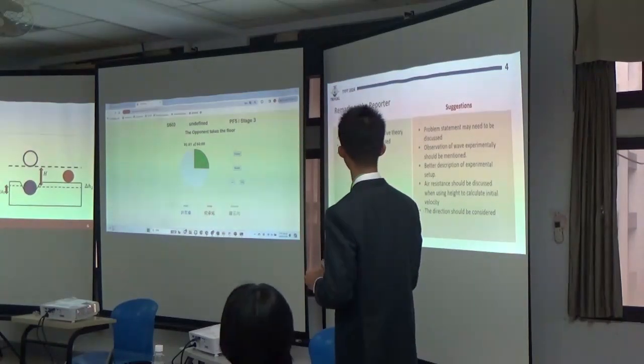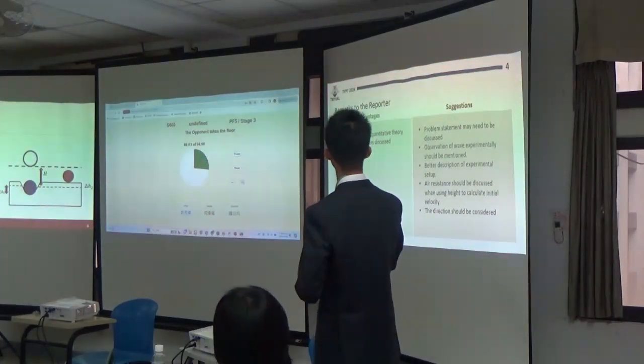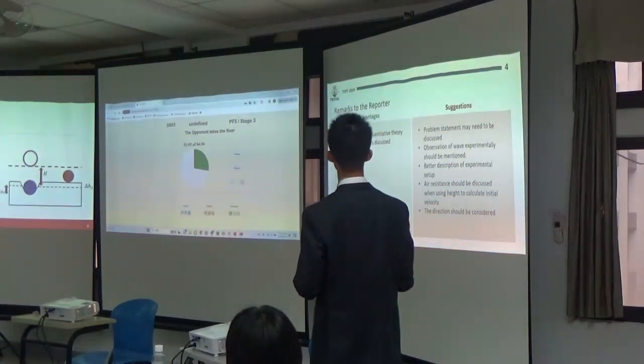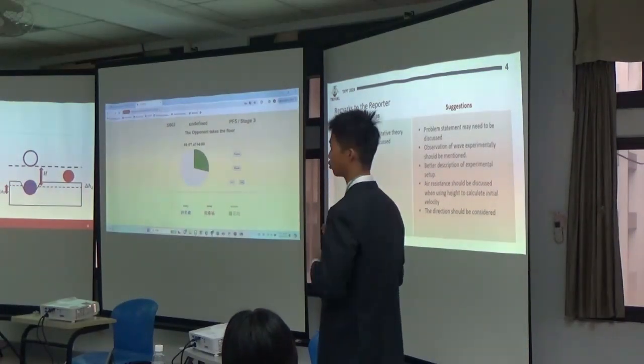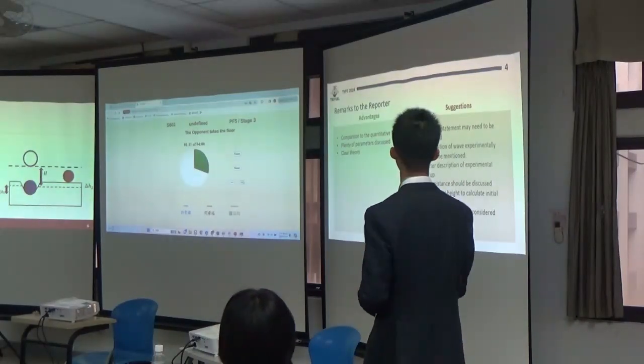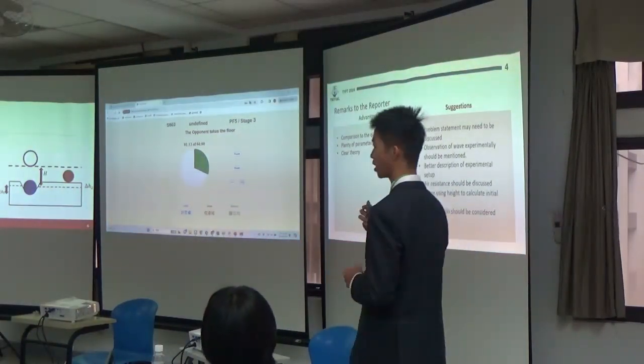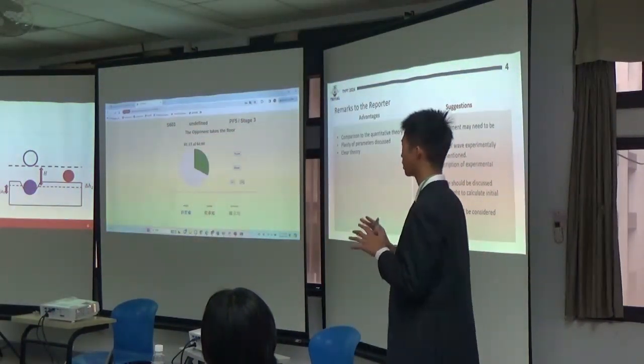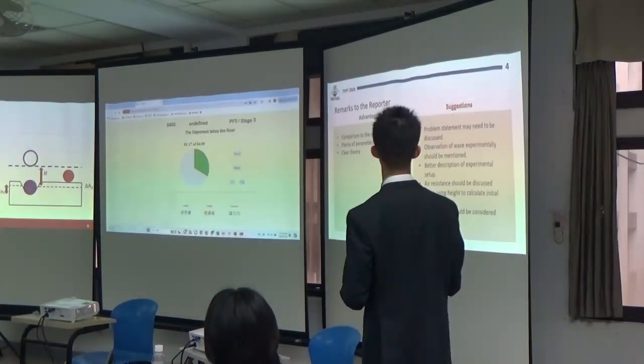So for a few remarks to the reporter, there is a very clear comparison to the quantitative theory, and there are plenty of parameters discussed. However, I think there are some suggestions, so I will talk more about the problem statement later. And also, I think the reporter should provide a better view of the experimental setup.